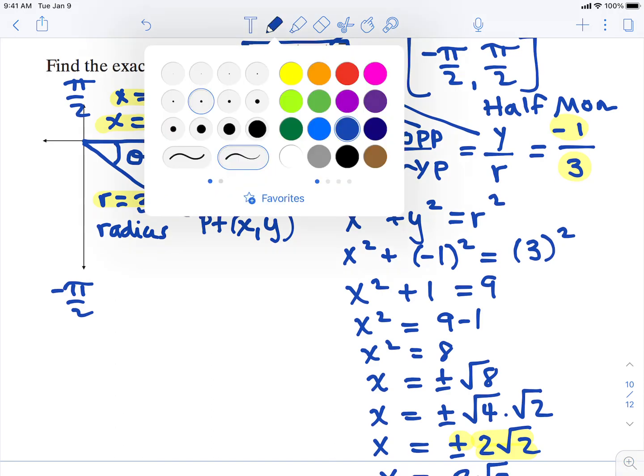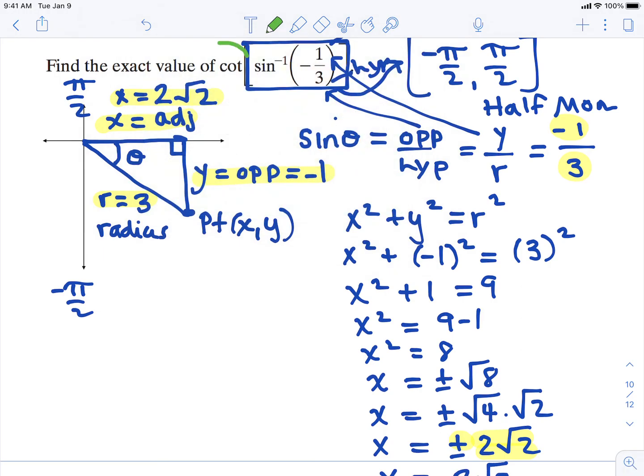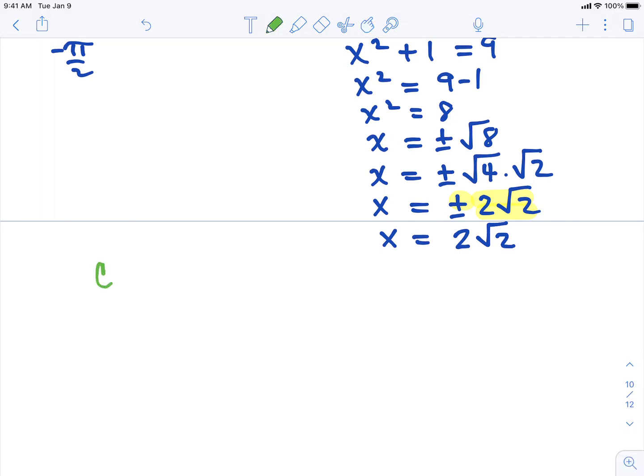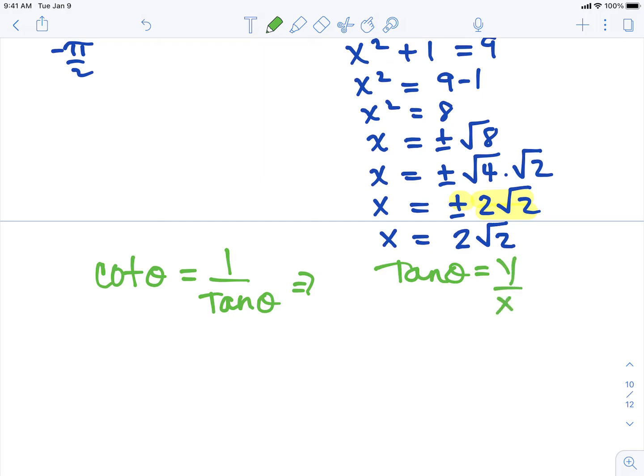Now we can go out and find the value of any of the 6 trig functions. So I'm going to change colors here. And now we're going to take the cotangent of this triangle. Cotangent of an angle is the reciprocal of the tangent. So tangent, if you remember, is y over x, or side opposite over adjacent.